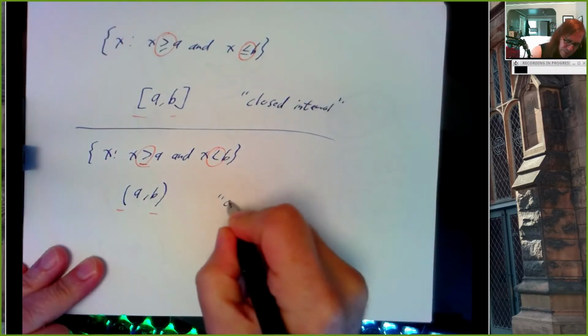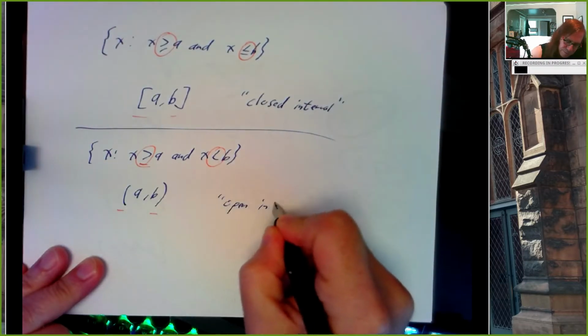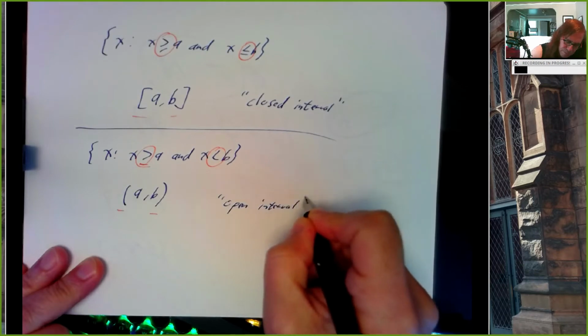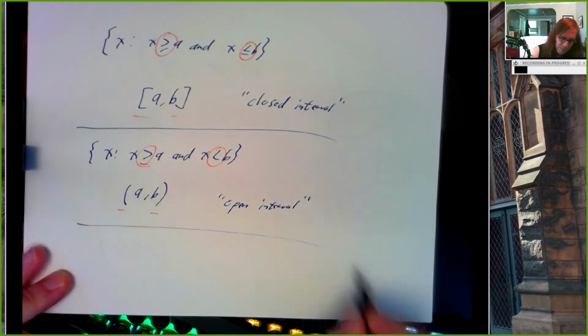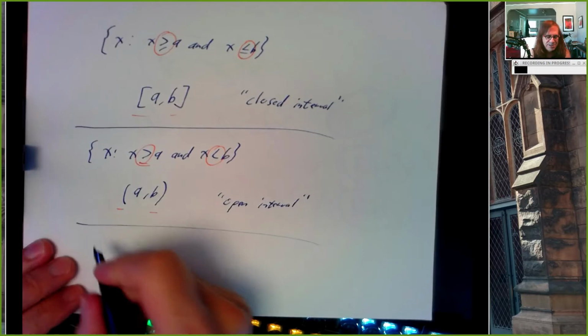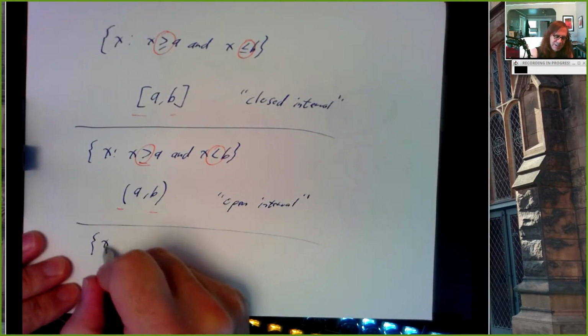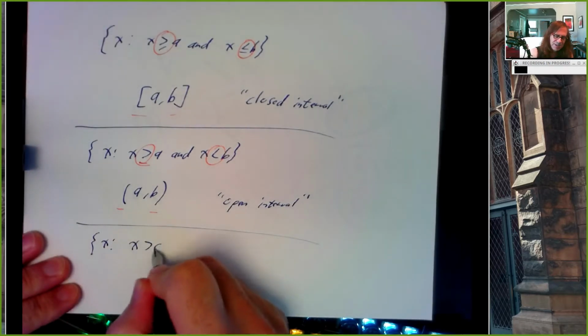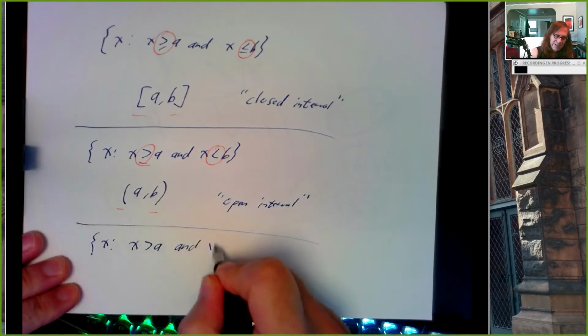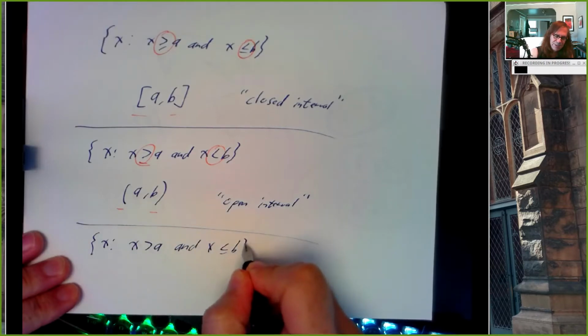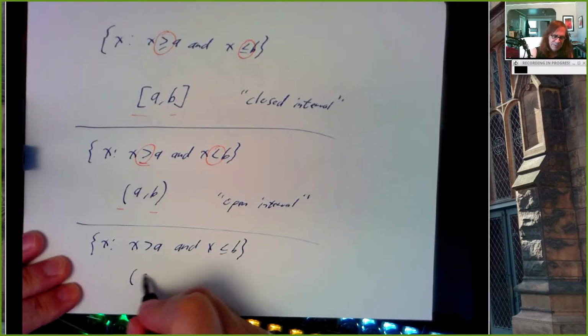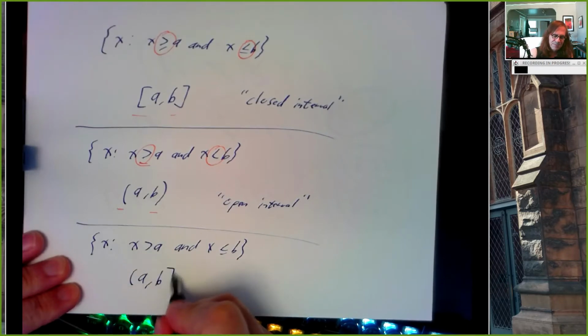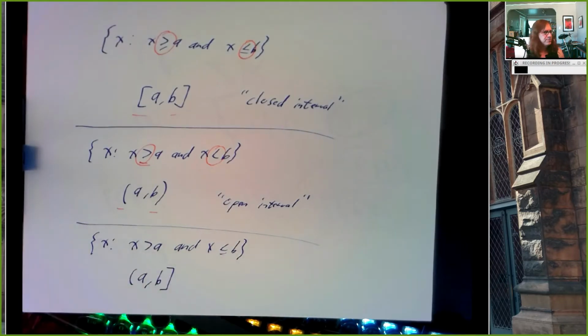And this is called an open interval. And we can do mixtures of these also. We could say the set of all x such that x is bigger than a and x is less than or equal to b. And we would write that with parentheses a comma b and then a square bracket.